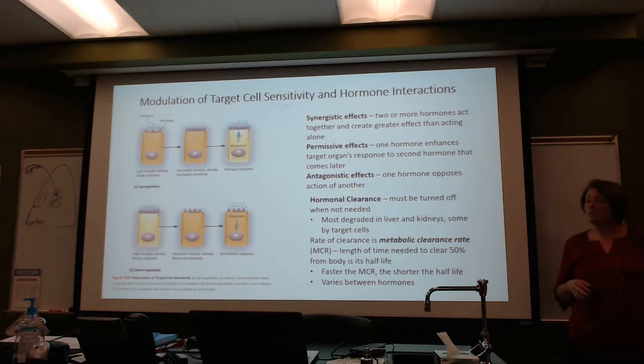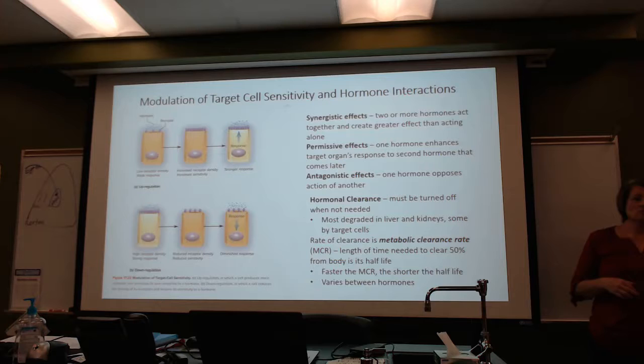Permissive, one hormone will enhance the hormone that will come next, such as ones that happen with our sex hormones. Antagonistic, we've got them opposing each other.